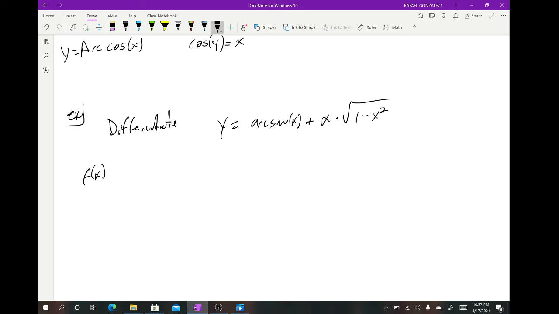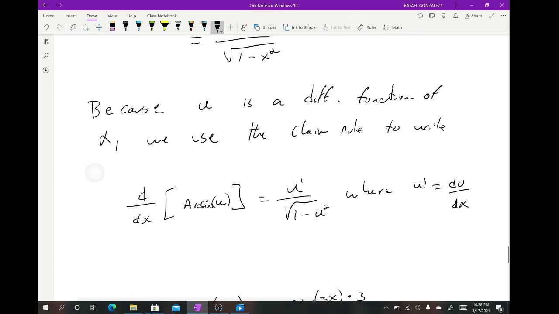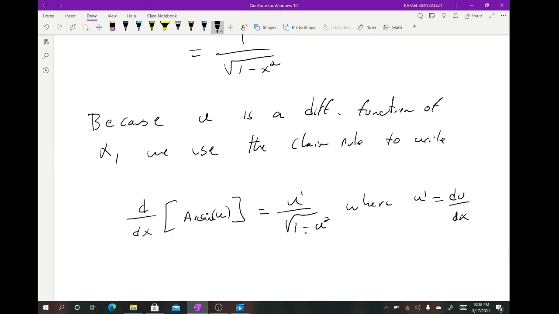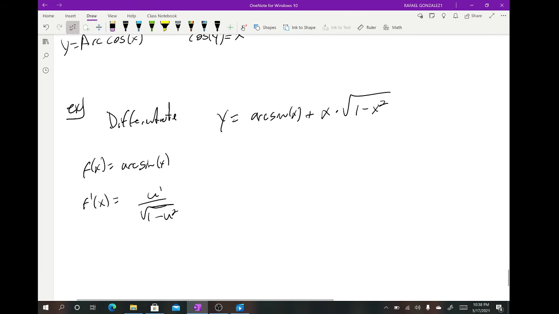Let f of x equal arc sine of x. Then I know that its derivative from the table up top is u prime divided by the square root of 1 minus u squared. We just did this. So I have this derivative.